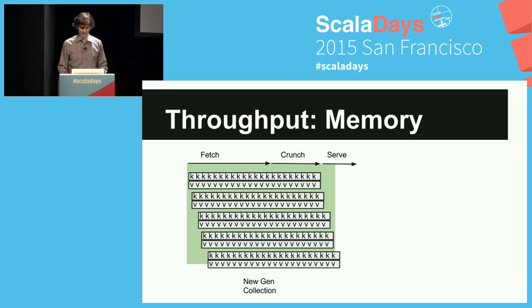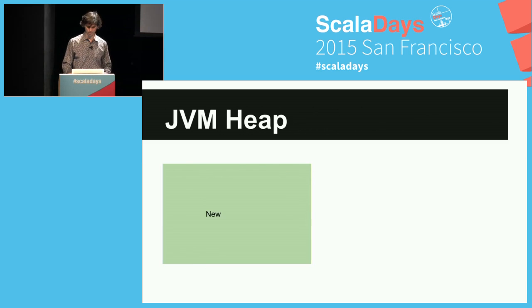But that analysis is insufficient as you start to look at throughput. The reason is, we have to have a lot of these things going on at once. So it's not just how long does this thing stay alive, but how many of these things are alive at the same time, and can we fit them all into this new generation that's going to be garbage collected so quickly?